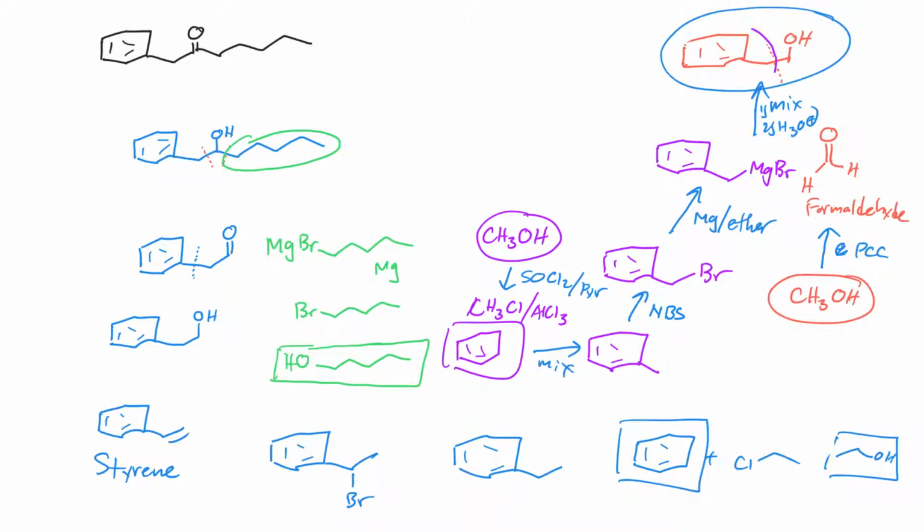I can make that alcohol a different way using a different pathway, and let's use the purple down here to do that. From ethanol, I can make the ethyl chloride, SOCl2 and pyridine. The ethyl chloride plus benzene in the presence of AlCl3 will give me ethyl benzene. I can brominate on the benzylic position again with NBS. I can eliminate. I'm probably going to use a large base here because there is only one way to eliminate.